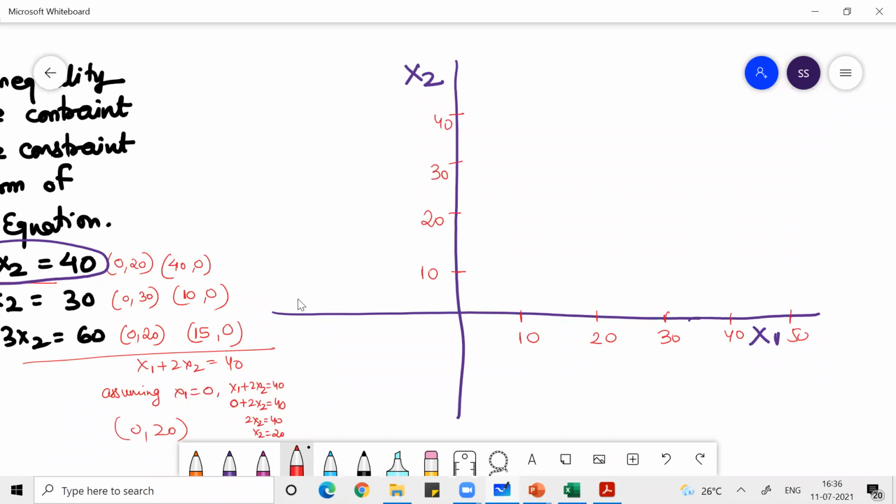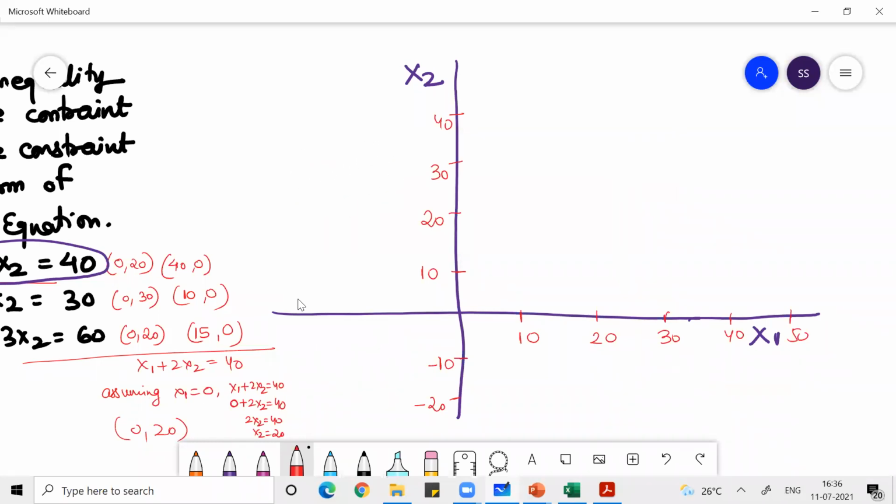I hope you know the basics of graphs. This is the first quadrant, both positive. Second quadrant, x negative, y positive. Third quadrant, all negative. Fourth quadrant, x positive, y negative. It's important that you know the basics of coordinate geometry; if you know, you can do this very easily.